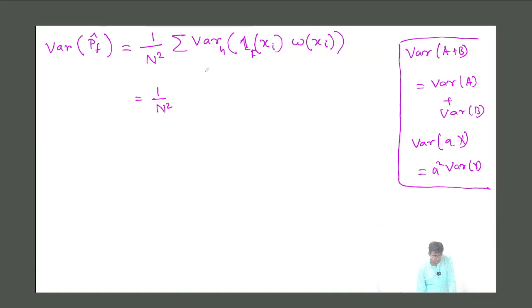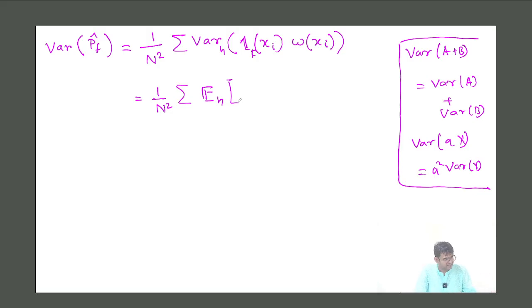Now, what is variance equal to in terms of expectation? Summation, expectation with respect to h. What will be inside? I square w square, right? What is I square equal to? 1 square is 1, 0 square is 0.